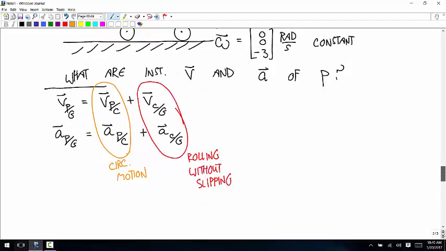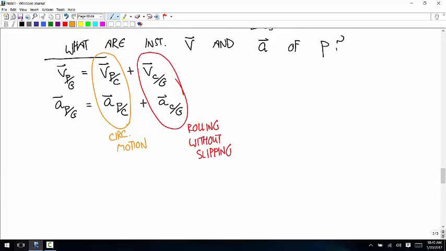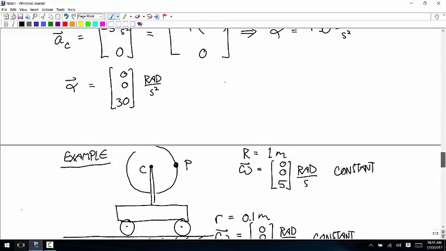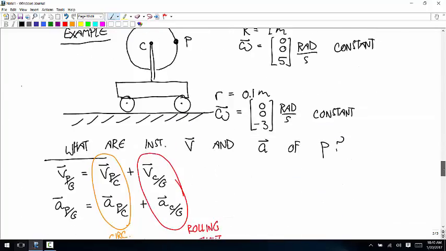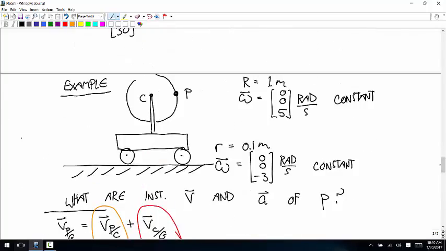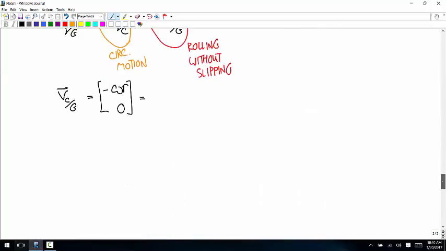Okay, so the velocity of C relative to the ground is equal to negative omega times r, 0. And that is negative 3 times 0.1.